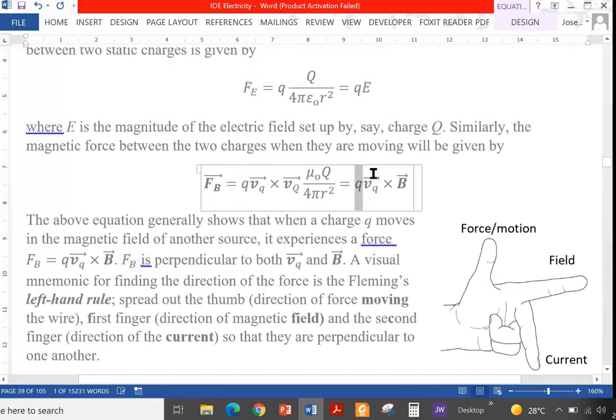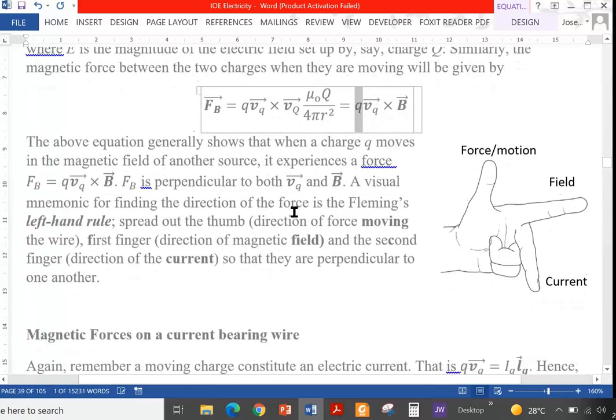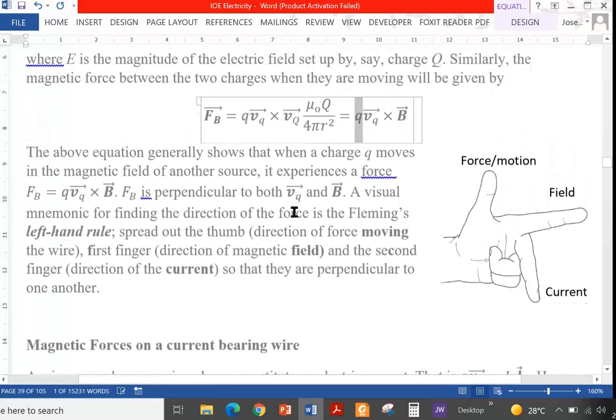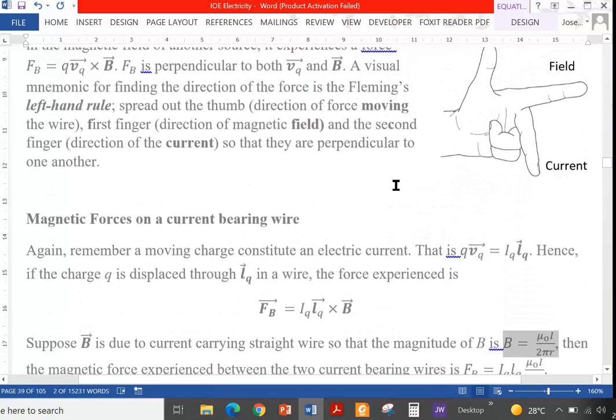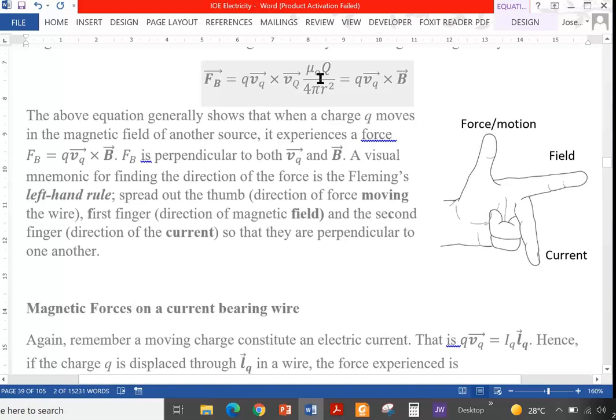Okay, so we can extend this idea to obtain the force that is being exerted between two parallel wires. Now, the second charge that is moving within the field of the first charge, the capital Q, if we take this one alone, then we can convert it to another expression. We know the velocity to be the distance L divided by time.